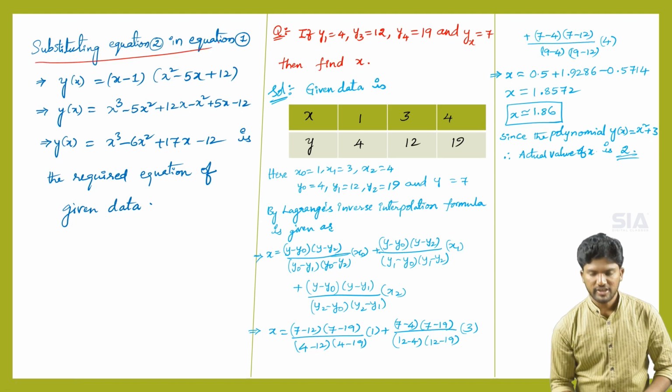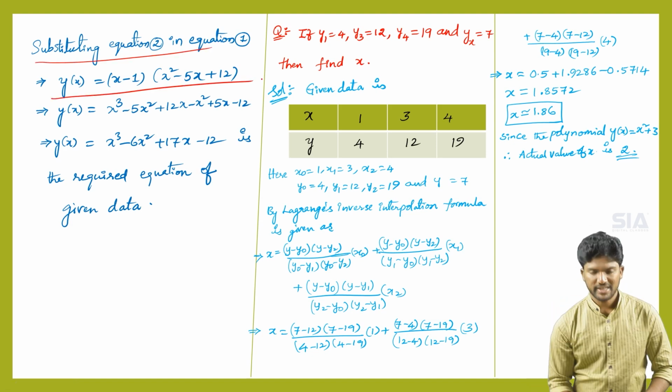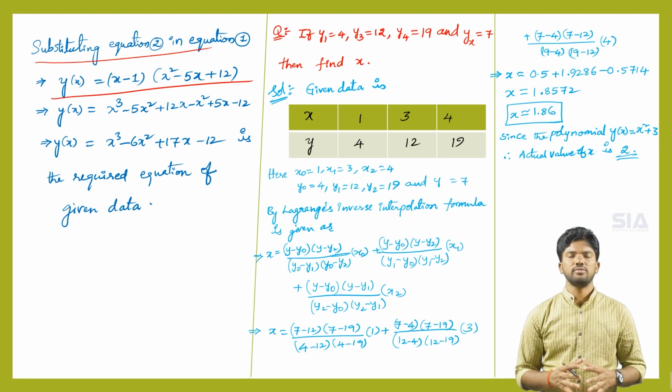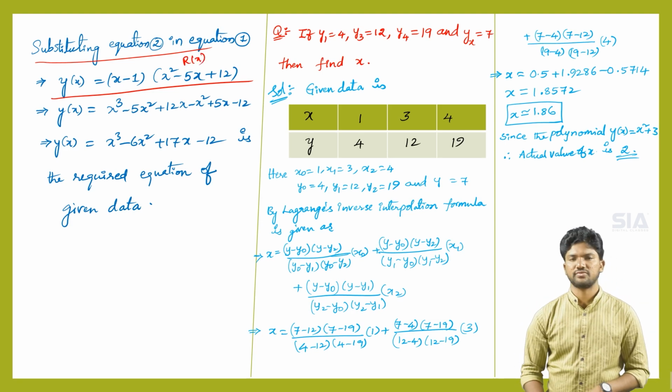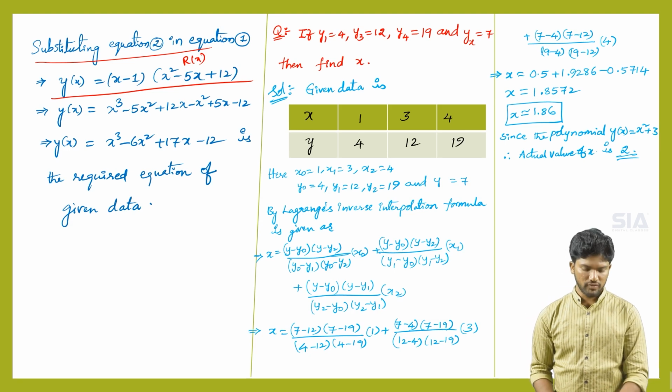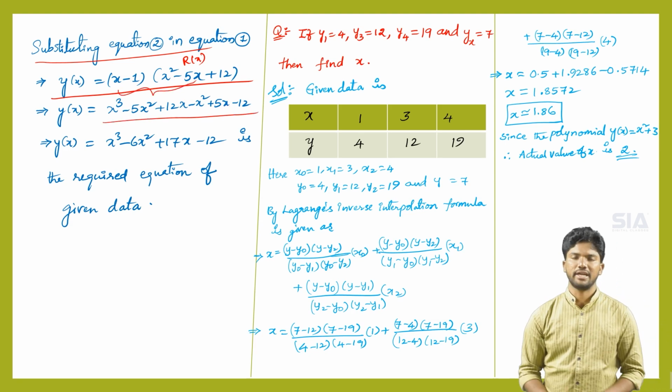Now substituting equation number 2 in equation number 1. What is equation number 1? Y of x is equal to x minus 1 into r of x, where r of x is equal to x square minus 5x plus 12. Now if you multiply these two values, you will get one cubic polynomial in terms of x.